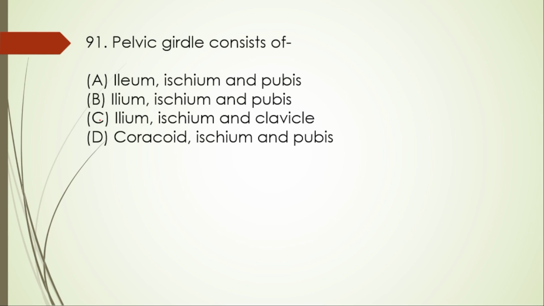Pelvic girdle consists of ilium, ischium and pubis. See, among these two only E is different, isn't it? This is the part of the intestine in the digestive system. This spelling is right. So here the right option is B.